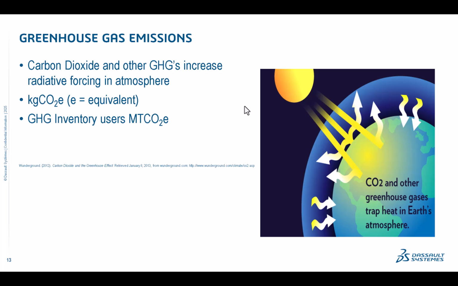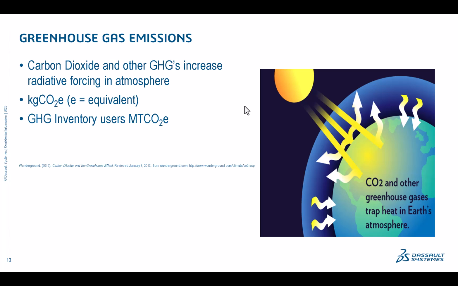This notion of equivalence refers to the fact that the 7 greenhouse gases each have a different global warming potential. That is, they each cause a different level of radiative forcing per unit mass in the atmosphere. And we use this idea of equivalence so that we can report emissions of the 7 greenhouse gases as CO2 emissions. That simplifies the reporting of greenhouse gas emissions.